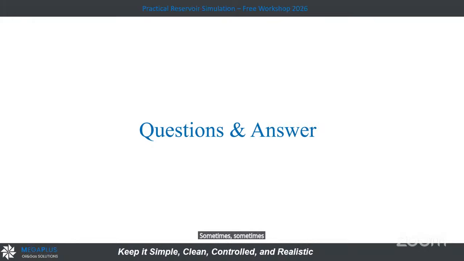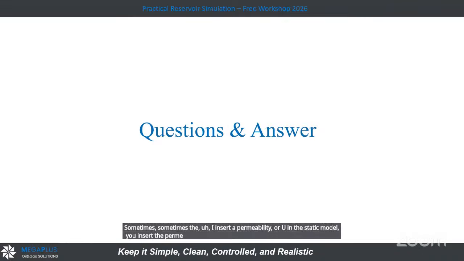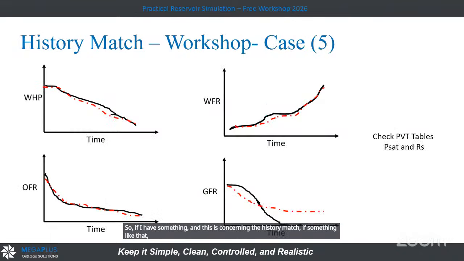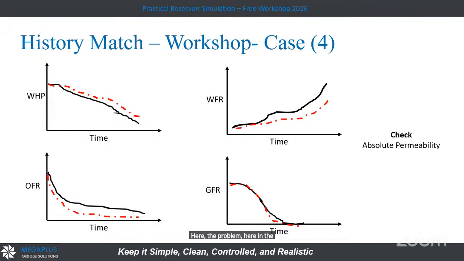Third, sometimes in the static model you insert the permeability as a function of, as an example, porosity. This is concerning the history match. The problem is in the absolute permeability, because I have the problem here in the flow. To increase the flow, obviously, will make a depletion in the pressure.